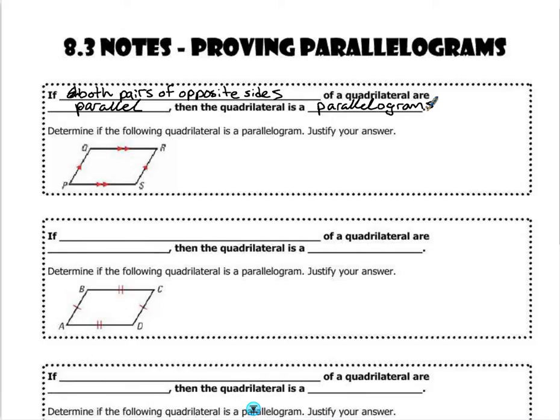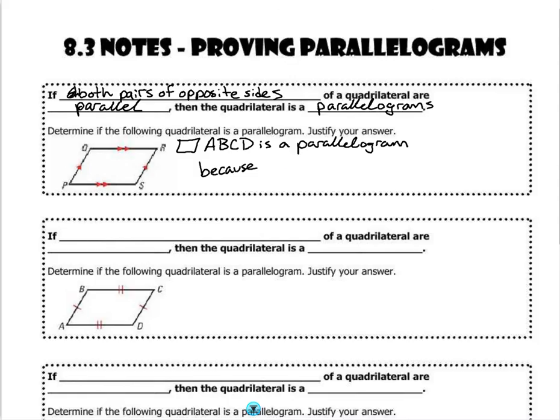So, how do I determine if a quadrilateral is a parallelogram? If I know quadrilateral ABCD is a parallelogram, based on this picture, that's because... not AB, in this case.